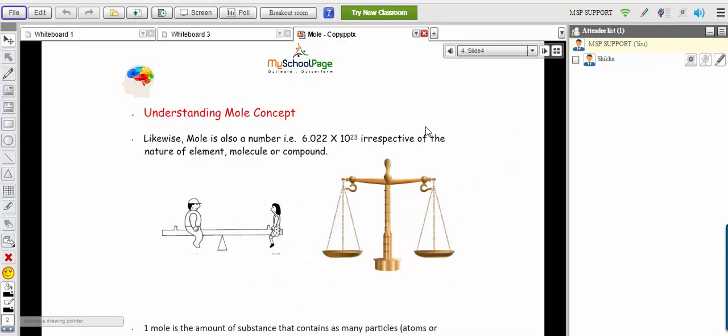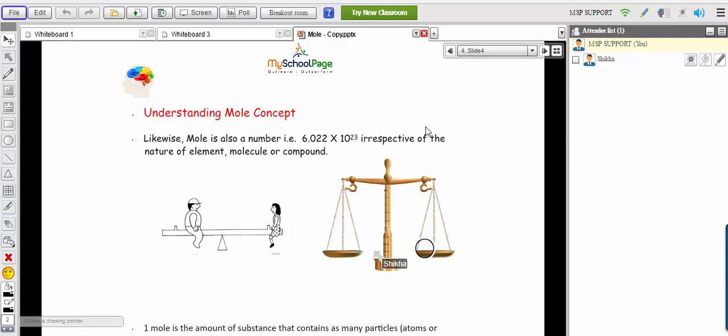Now, what is the formal definition of the mole? The definition says that one mole is the amount of the substance that contains as many particles as there are atoms in 12 grams of C12 isotopes.